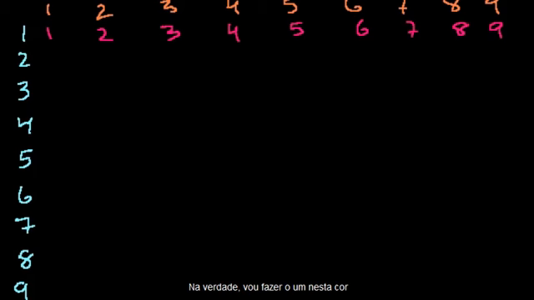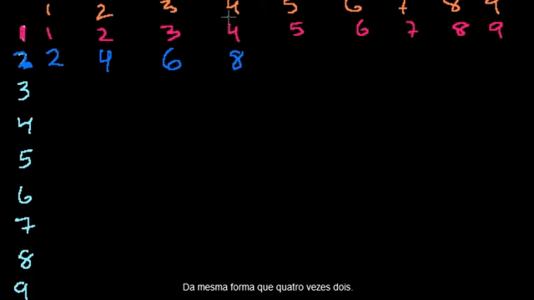I'll do that in a blue. Actually, let me do 1 in that color. And now in maybe a darker blue, I'll do the 2 times table. What's 2 times 1? Well, that's 2. It's the same thing as 1 times 2. Notice these two numbers are the same thing. What's 2 times 2? That's 4. 2 times 3 is 6. Every time you multiply by a higher number, you just add 2. 2 times 4 is 8.